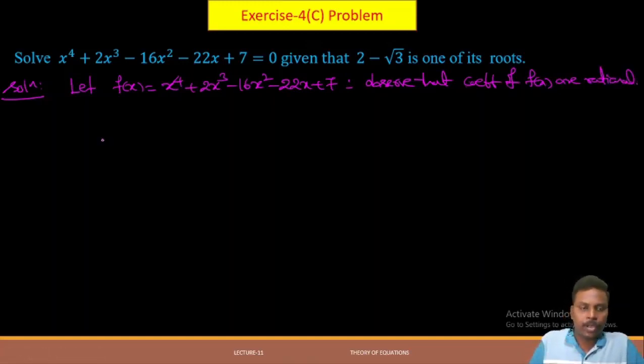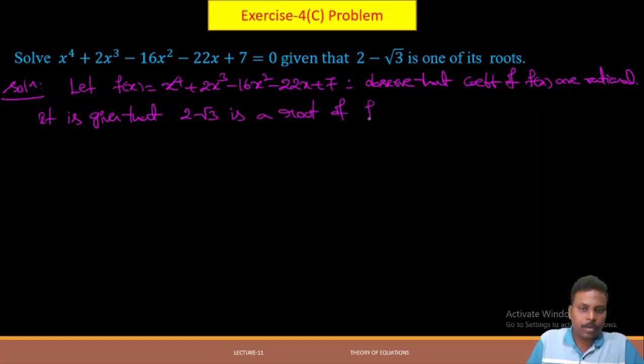Okay, so it is given that 2 minus root 3 is a root of f of x is equal to 0. So by a theorem we have studied already.